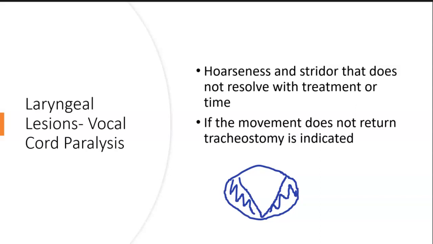And then they're supposed to close during certain types of maneuvers, like the Valsalva maneuver will close your vocal cords. Your vocal cords should be moving as you're talking. When you swallow, your vocal cords are supposed to close.